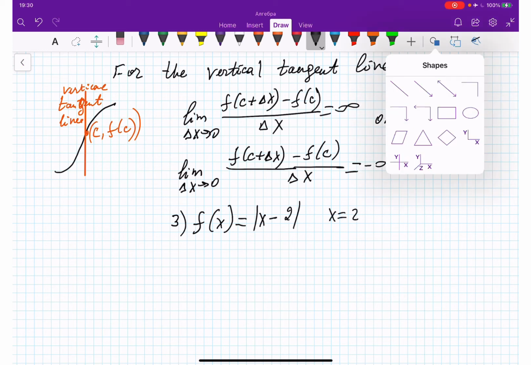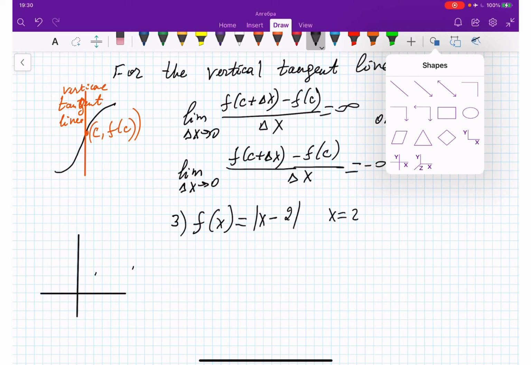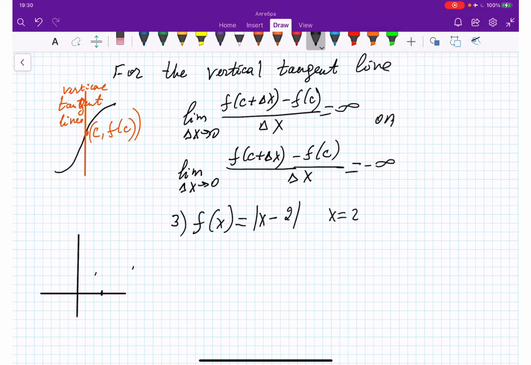Let me draw the graph. And since we have absolute value of x minus 2, if we take this as 2, then the graph is going to go like this.